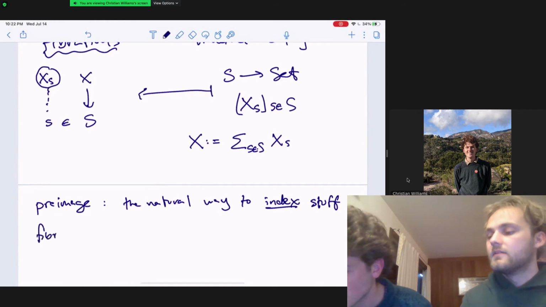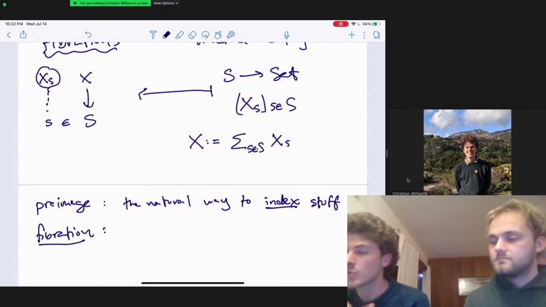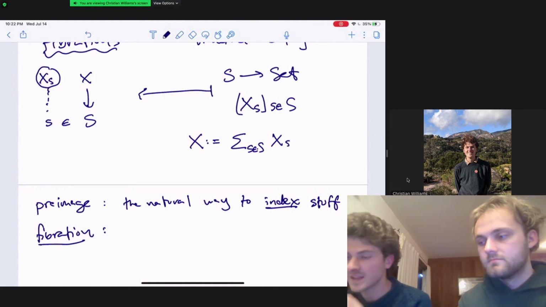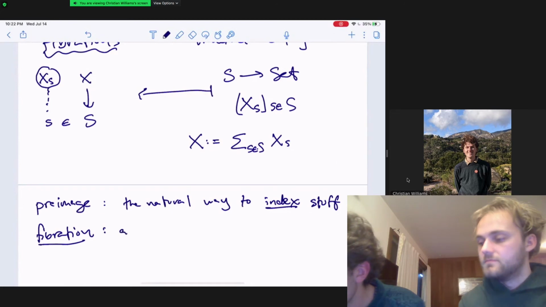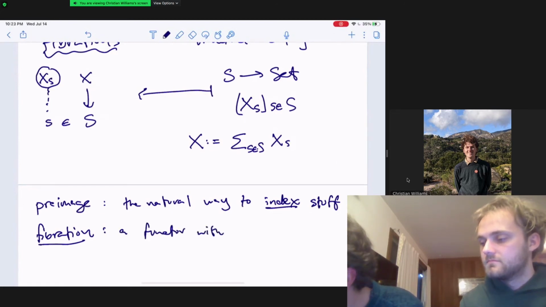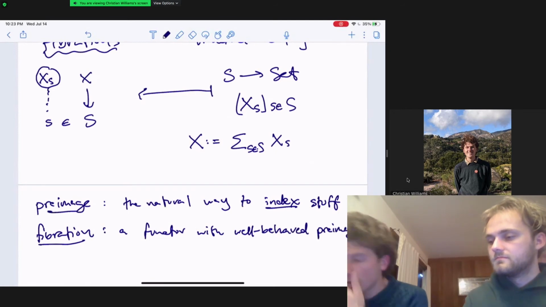It's by definition equivalent to an index category, and that's what's taking the preimage. A functor with well-behaved preimage, where well-behaved means pseudo-functorial, or just functorial.